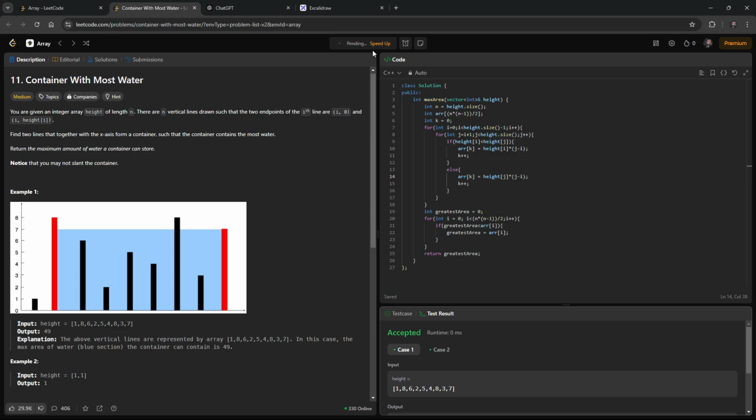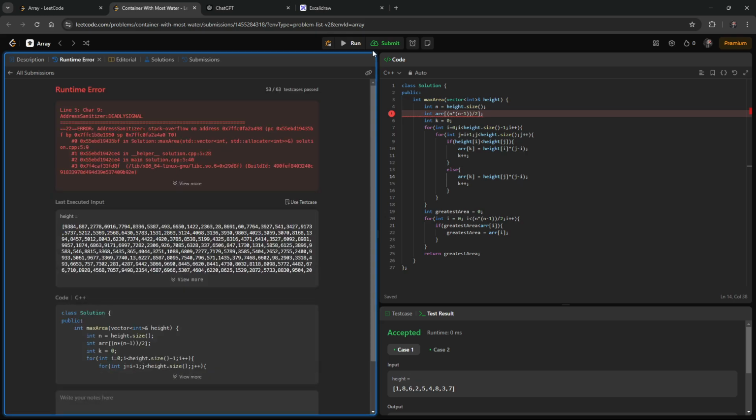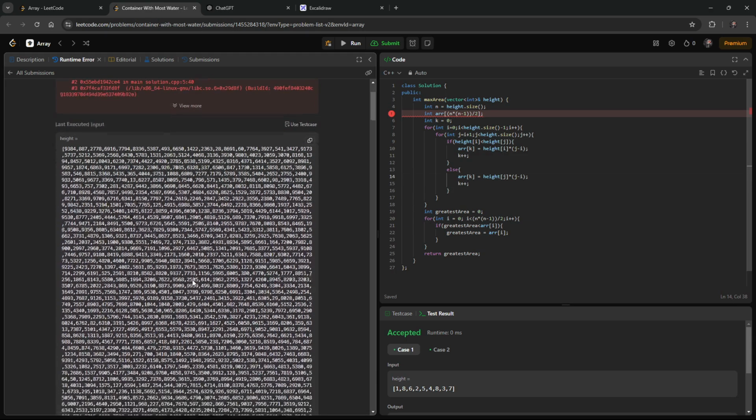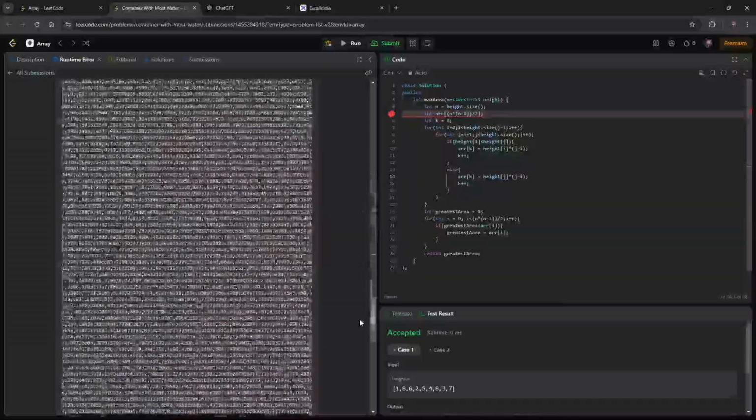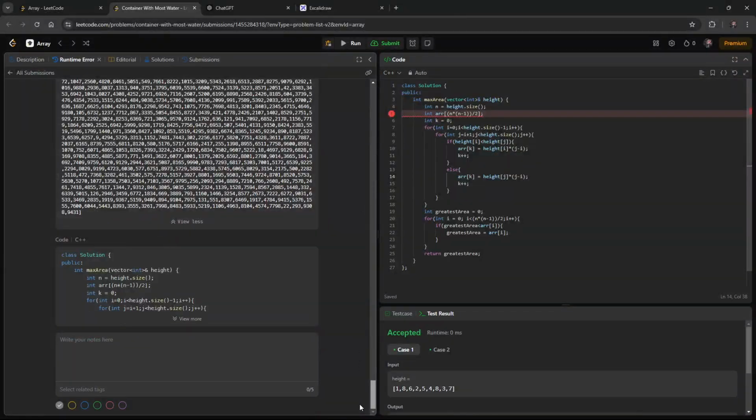Let's see the time complexity. What happened here then? Okay, so what is zero? We have too many elements. What will this mean? Oh God.